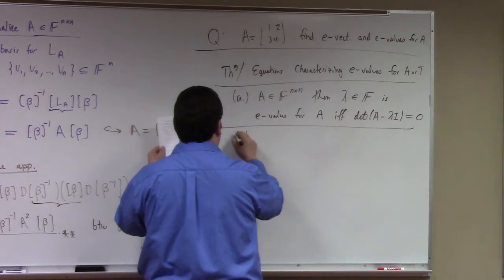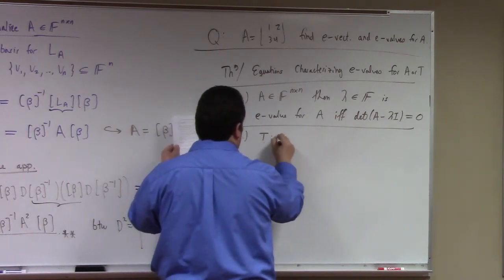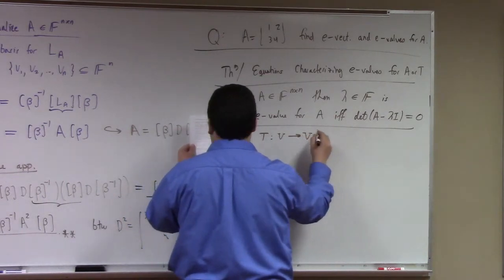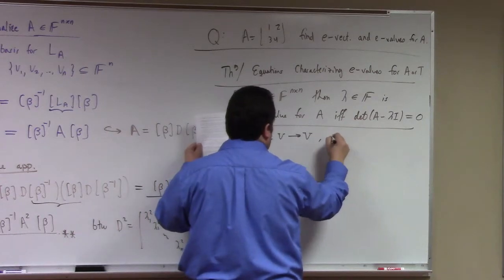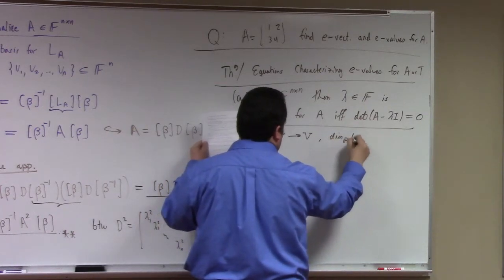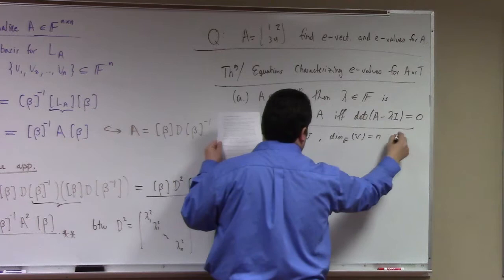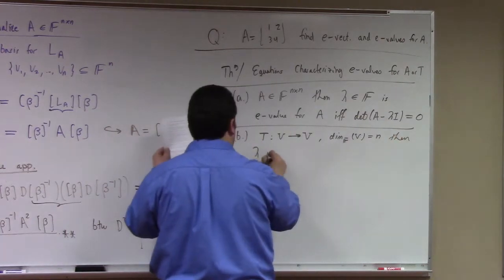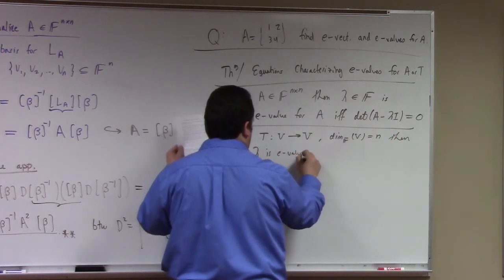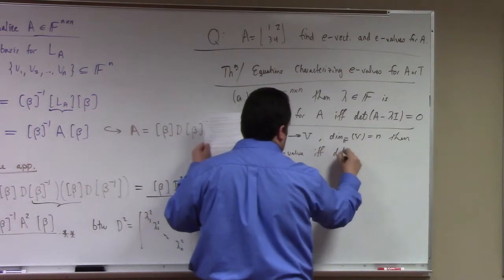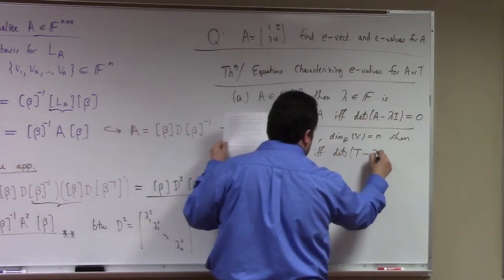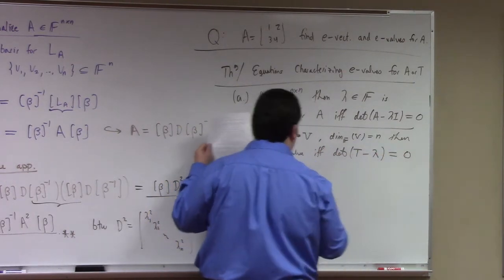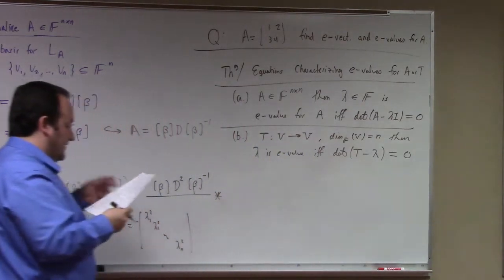Likewise, if we have a linear transformation on a finite dimensional vector space, then lambda is an eigenvalue if and only if the determinant of T minus lambda is equal to 0, where, of course, that is lambda times the identity map.